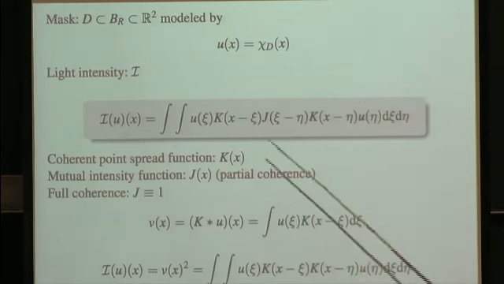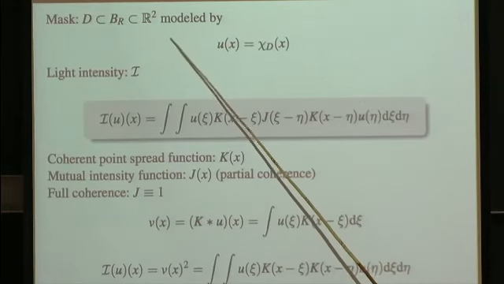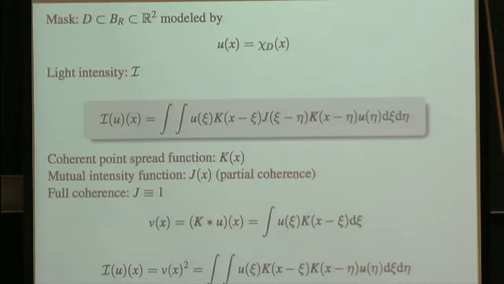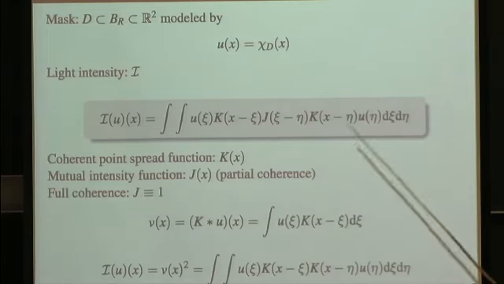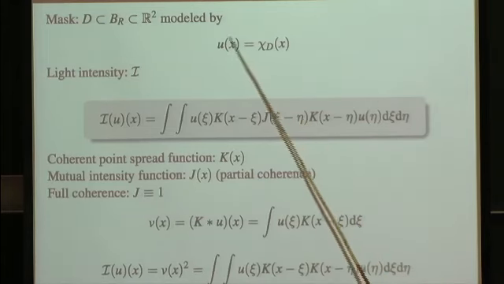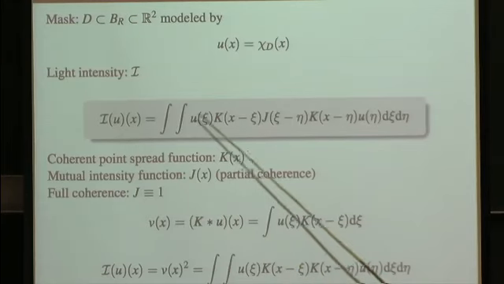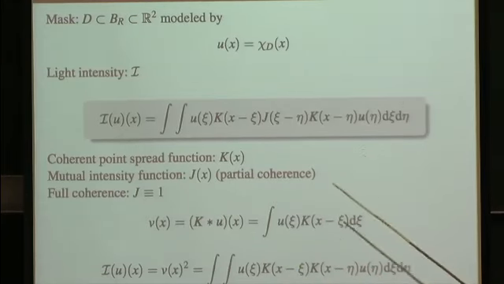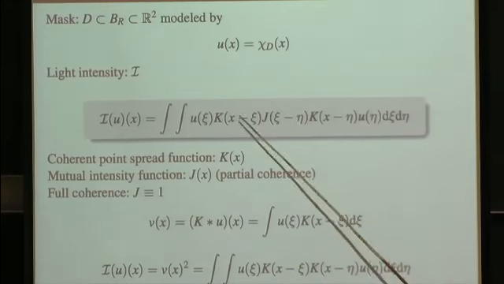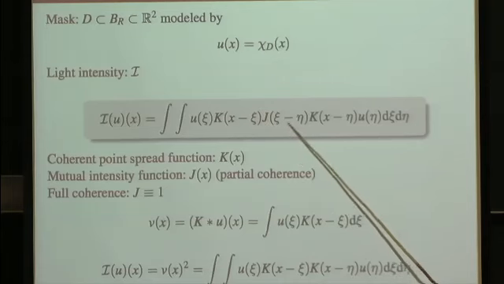And the mask model is simply the following. You think of a mask as being a domain, an open set, and you modulate by taking its characteristic function, and the light intensity is given by this kind of functional, which contains two kernels.